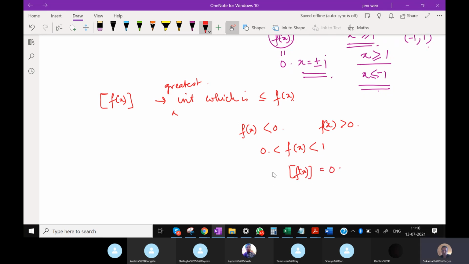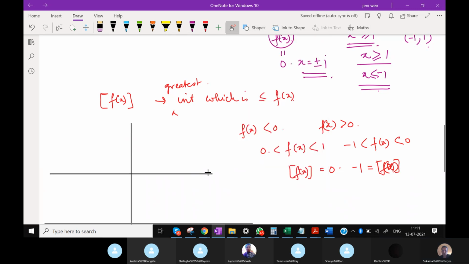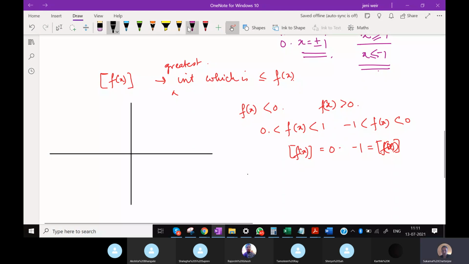When f of x lies between 0 and negative 1, box of f of x will be negative 1. Now, this function, box of f of x, will be a step function which will be discontinuous for all integer values of x. So the plot of x versus box of f of x will be step functions like these.